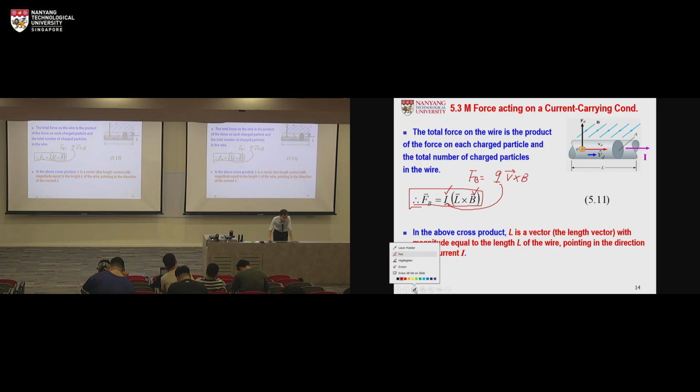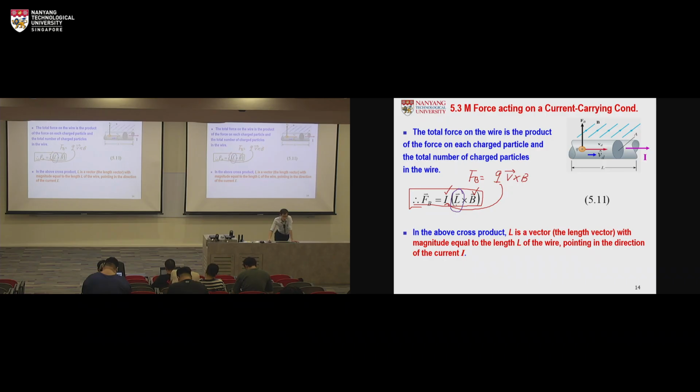While for this vector L, first of all, the magnitude is just the length of the wire, and the direction of this vector L follows the direction of current flow. So this is how we define this vector L, the magnitude and direction.